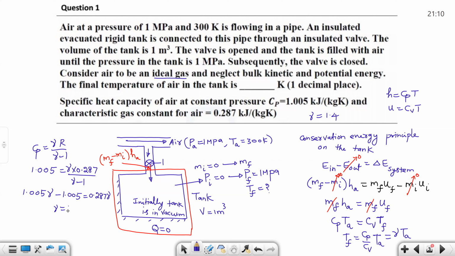So gamma is 1.399, so it is 1.4. So gamma is 1.4 from the given Cp and the R of the air.